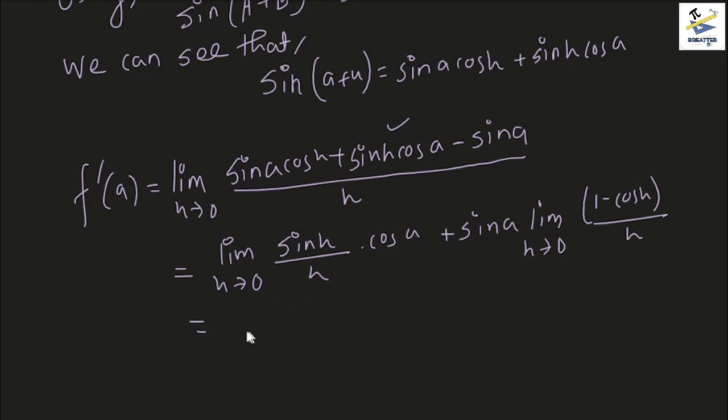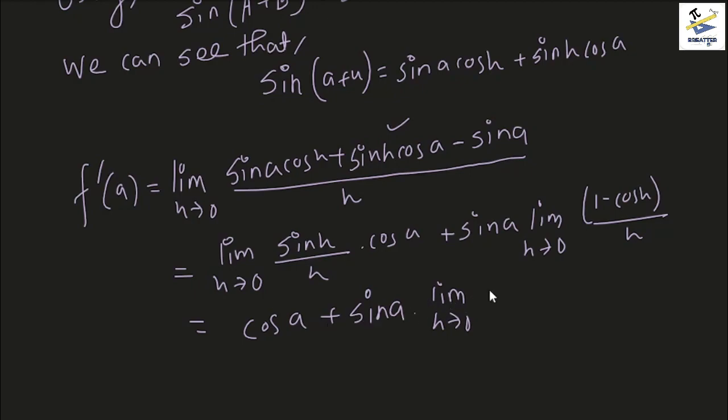This limit is 1, so it becomes cos of a, because we have learned about the limit x tends to 0 of sin x by x in the previous videos. And the next one, sin a into, now we first use the formula for 1 minus cos theta equals 2 sin square theta by 2.